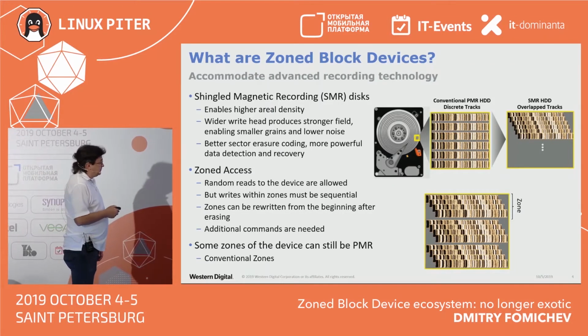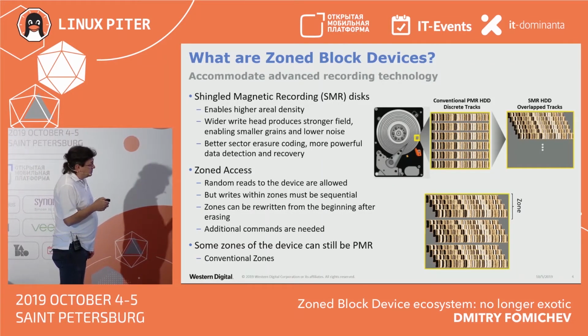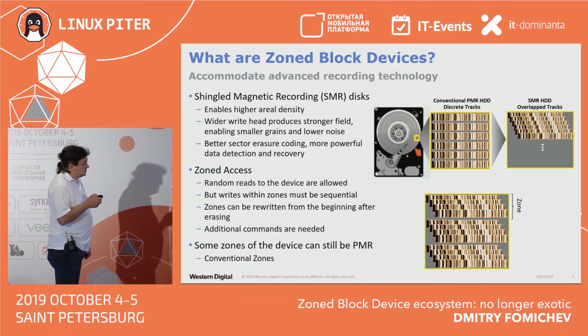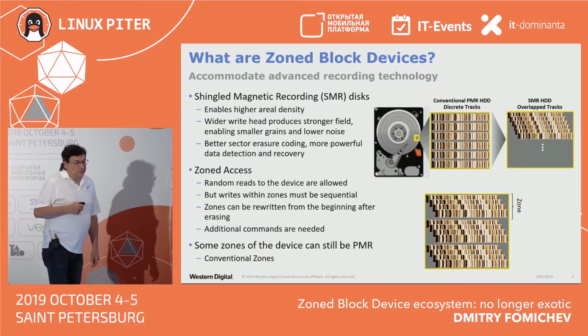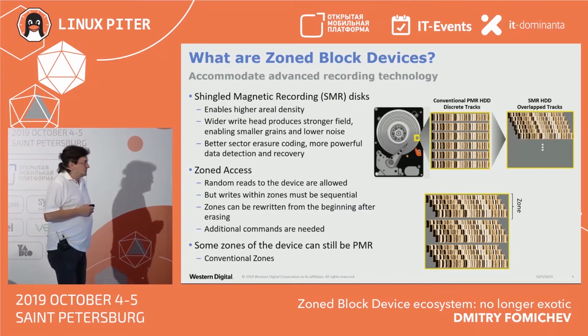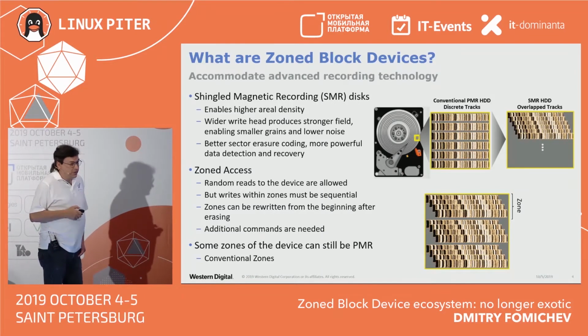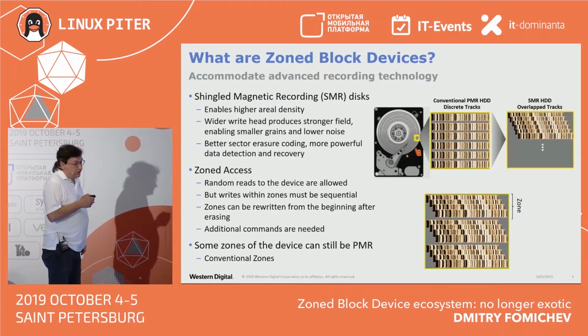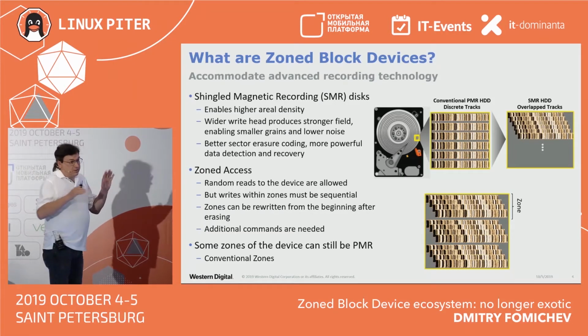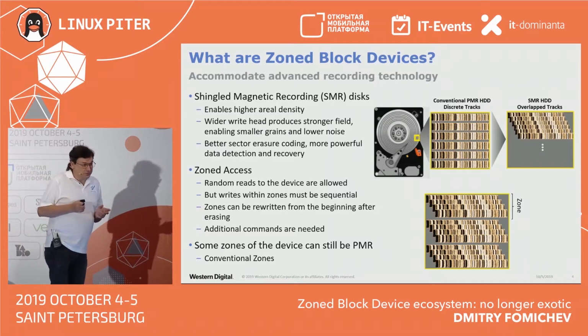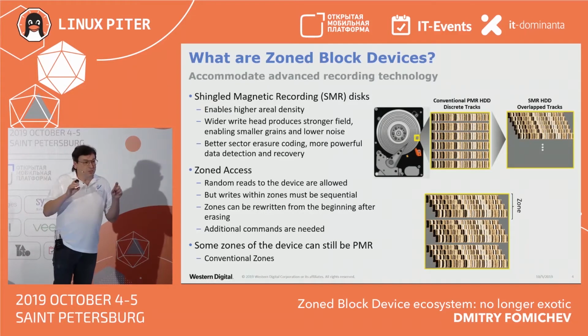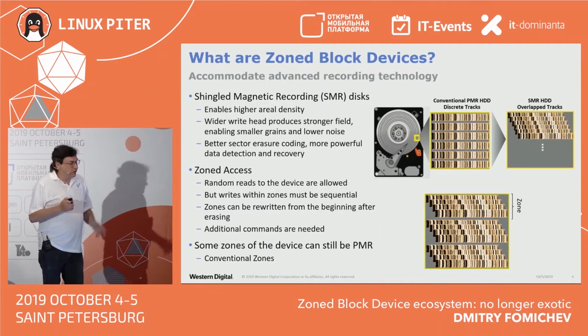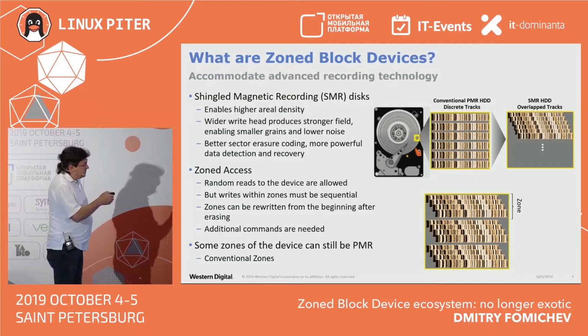If you notice, there are some pretty large gaps between those tracks, and that of course affects the total drive capacity. The reason is the edge field from the write head. Like in a physics school course, we have a bar magnet, and there is some edge magnetic field around it.